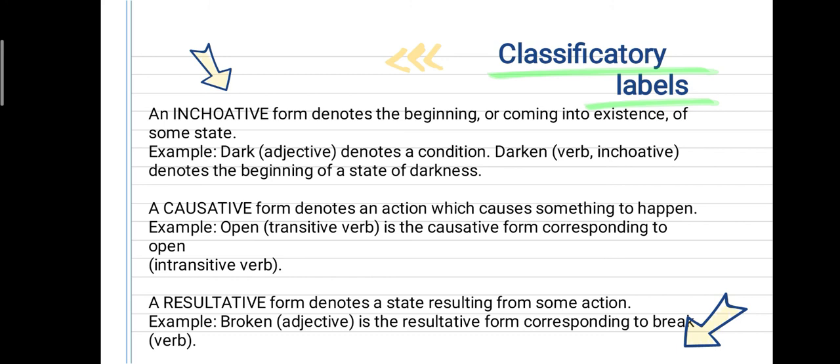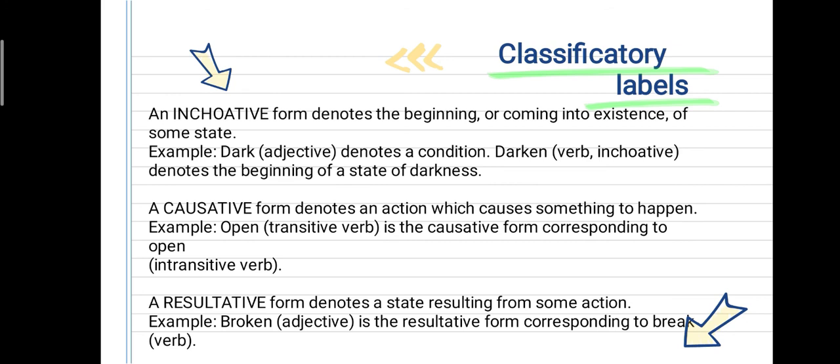An inchoative form denotes the beginning or coming into existence of some state. For example, dark as an adjective denotes a condition. Darken, which is an intransitive verb, is the corresponding inchoative form because it denotes the beginning of a state of darkness.